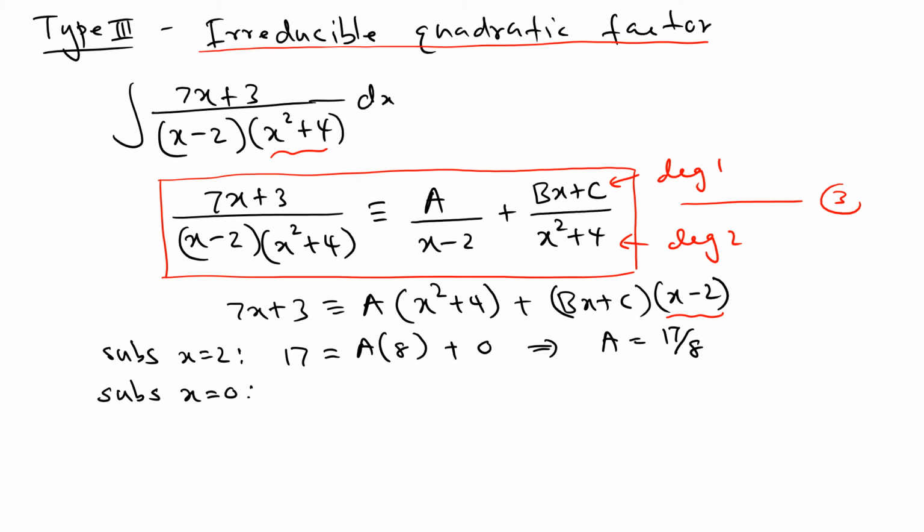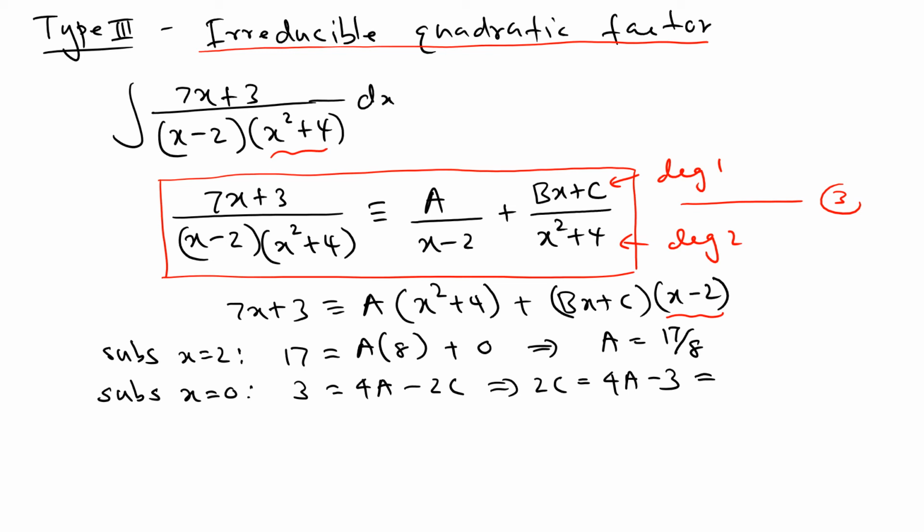If x equals 0, you get 3 equal 4a for the first one. From the second one, all the x terms get cancelled, so you get negative 2c. Since we know a already, you can find c. So this says that 2c equal 4a minus 3.